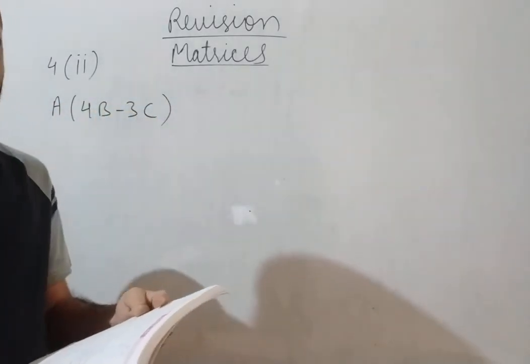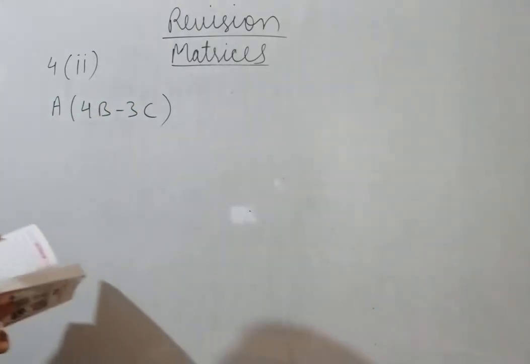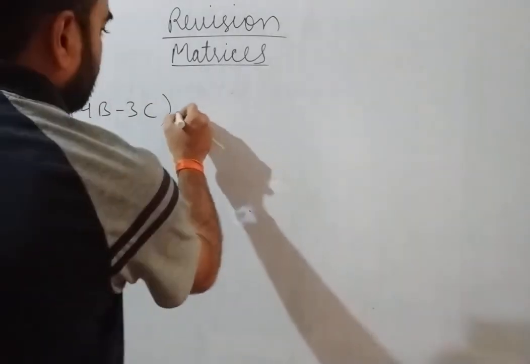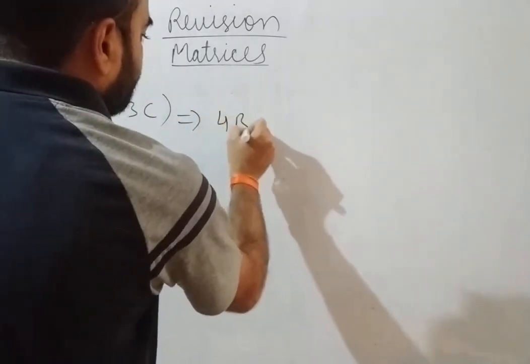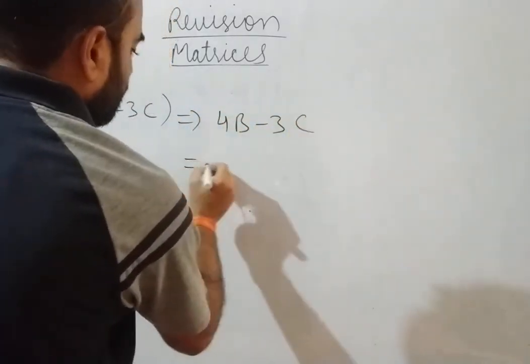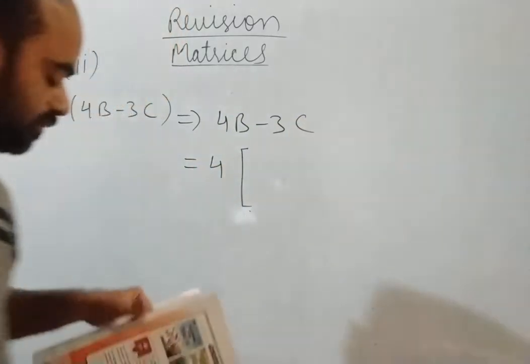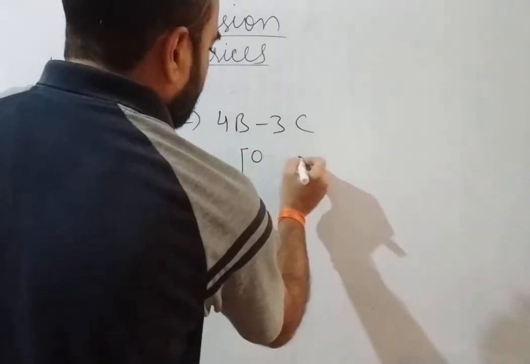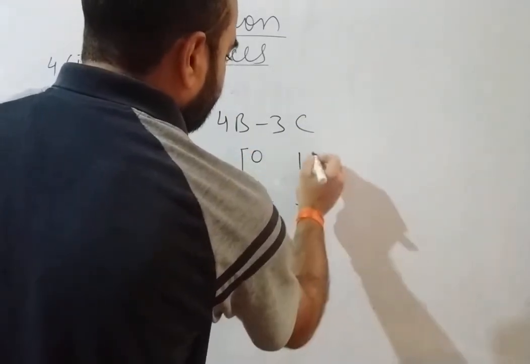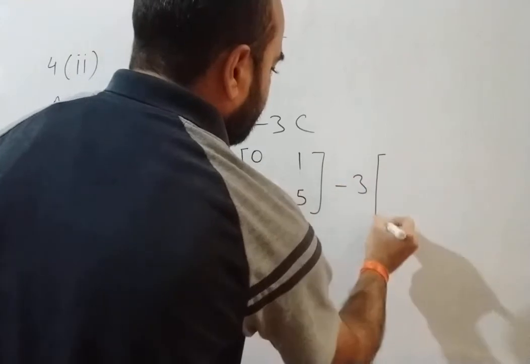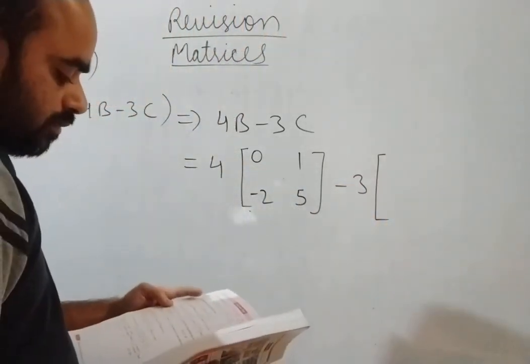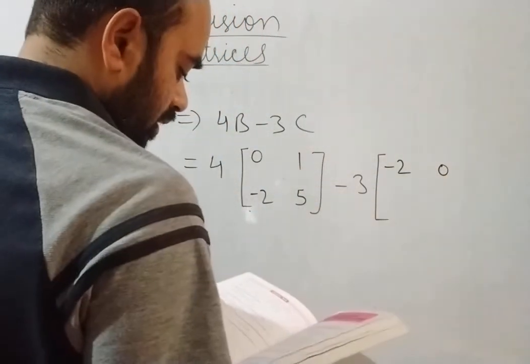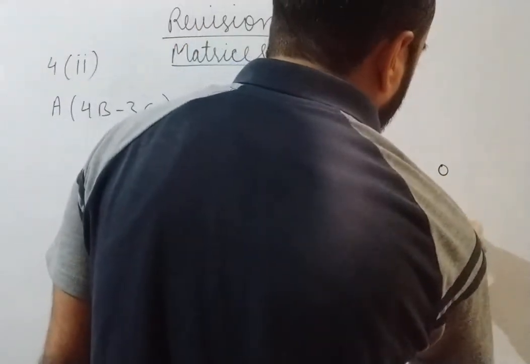Now we are going to substitute the values. Okay. What is 4B minus 3C? First you will calculate 4B minus 3C. So 4 matrix B is [0, 1; minus 2, 5], minus 3 times C matrix, which is [minus 2, 0; minus 1, 1].